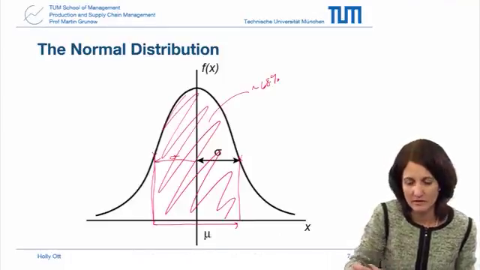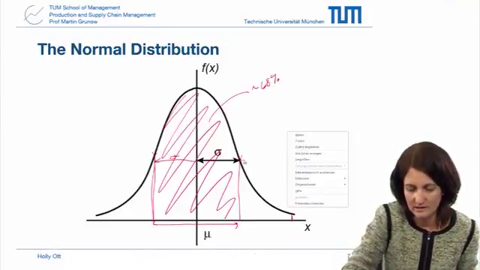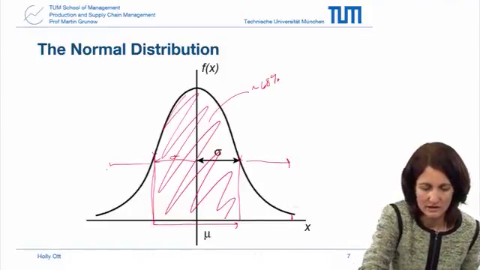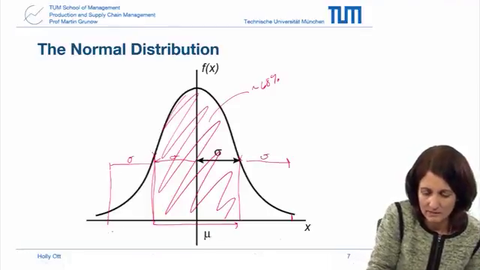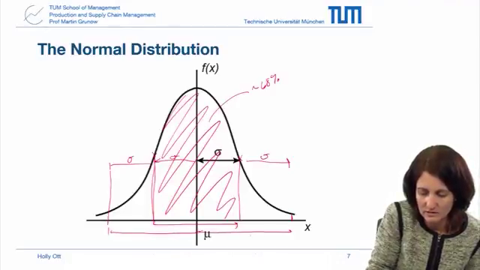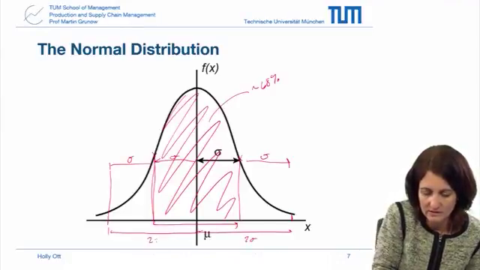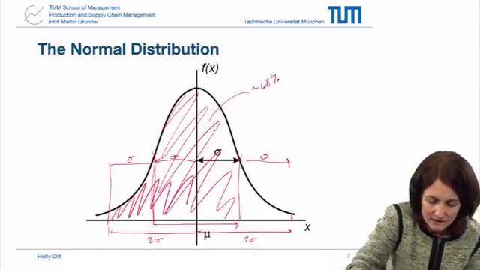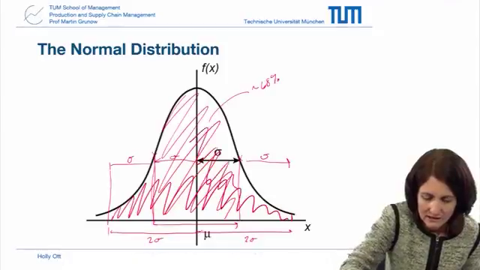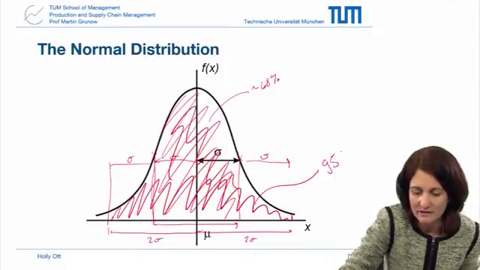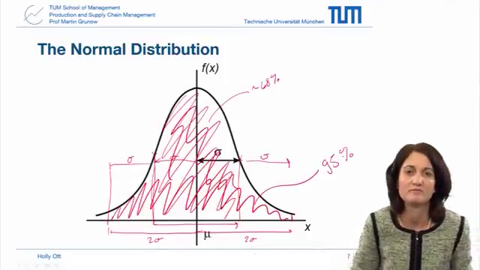Now, if we go a little further and we look at an additional, this time on either side, 2 standard deviations from the mean, we would find that this entire area is about 95% of our production.